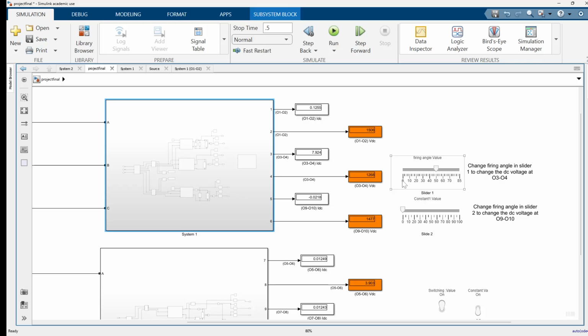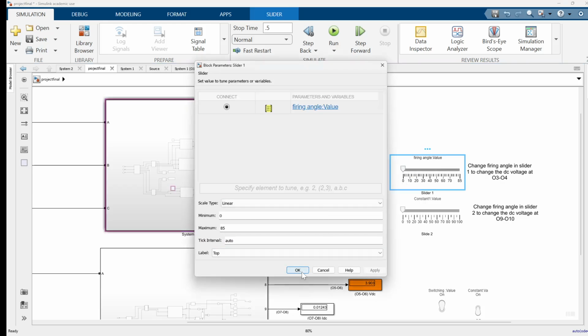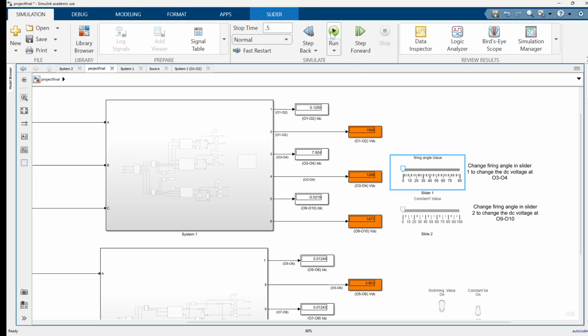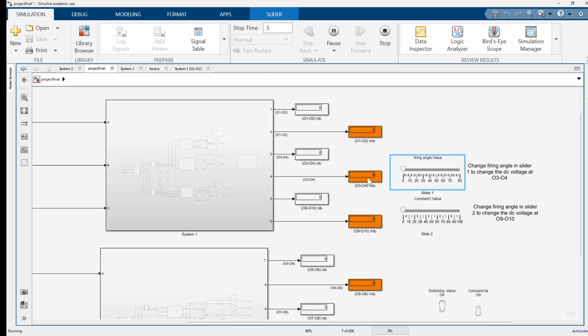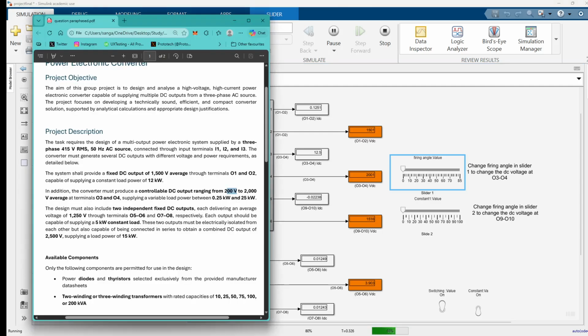So to serve that, if we keep our firing angle at 0, it should be able to produce 2000. You can see we are able to produce 2000 volt DC voltage, and its current is 12.5. So terminal 3 to 4 is a variable output. You can change from 85 to 2000.